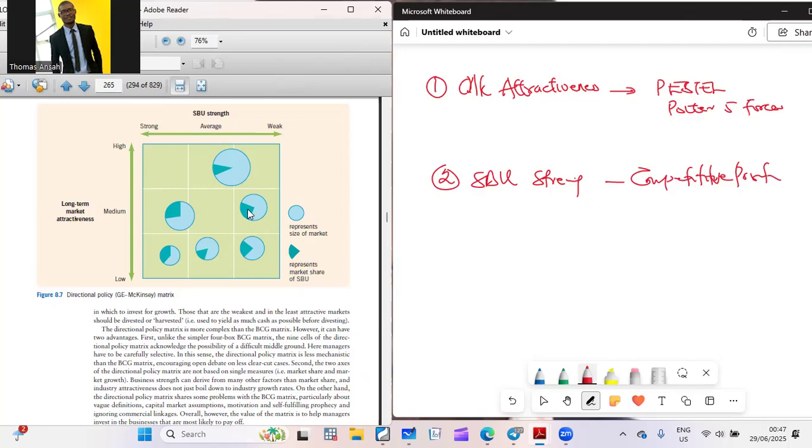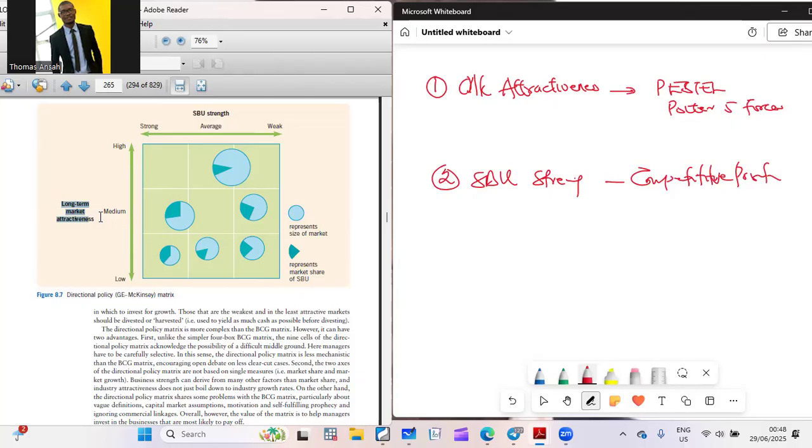This one too represents what we call your harvest. When we say grow, what do we mean? We say that these SBUs have the ability to bring in high returns. So when we look at the position, strong market, you have medium.